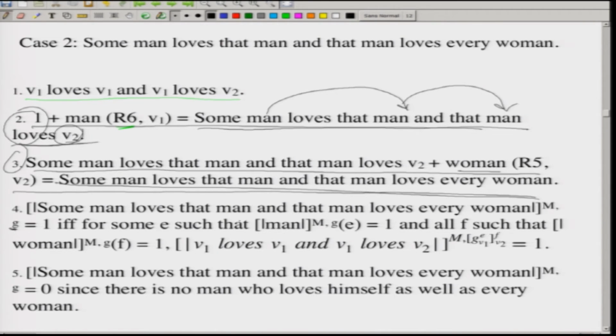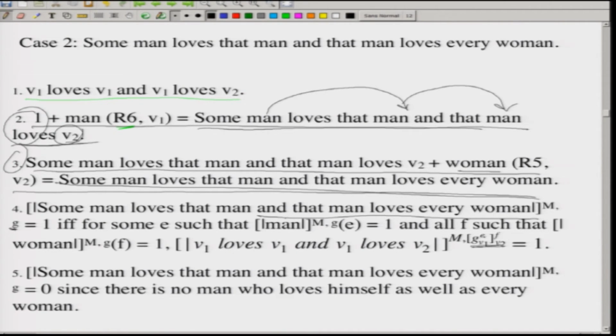So "some man loves that man and that man loves every woman" with respect to M, G is 1 if and only if for some E such that E is a man, and for all F such that F is a woman, V1 loves V1 and V1 loves V2 with respect to M. This is very, very important.